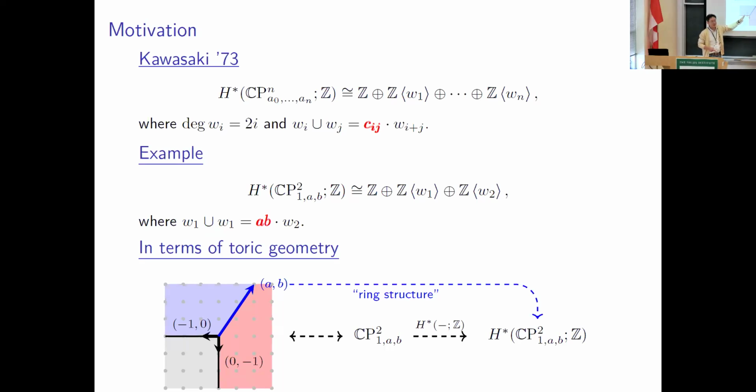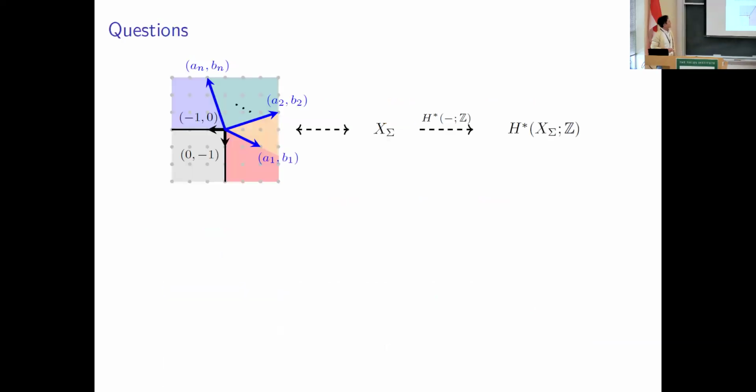And the only ingredient which determines the weighted projective space (1, a, b) is just an extra ray. So obviously, this fan determines the weighted projective space, and this extra ray determines the ring structure of the weighted projective space.